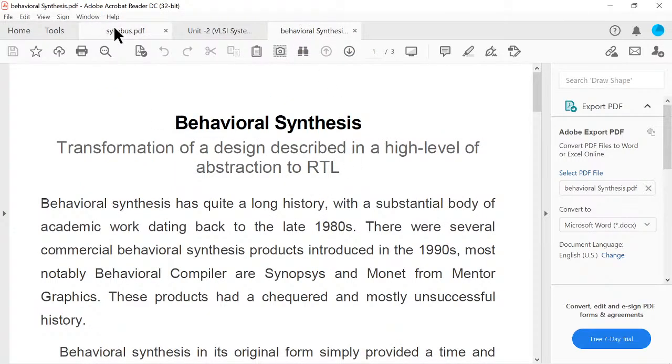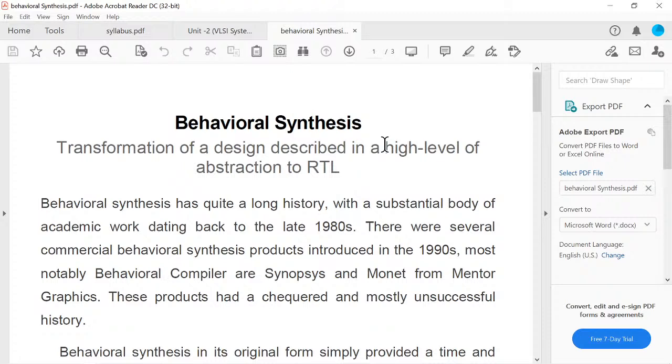First, behavioral synthesis. We will start behavioral synthesis. Before starting this topic, first we have to know what the meaning of synthesis is. Synthesis is nothing but a transformation. It is generally used when we want to transform any type of design function into terms of structure.